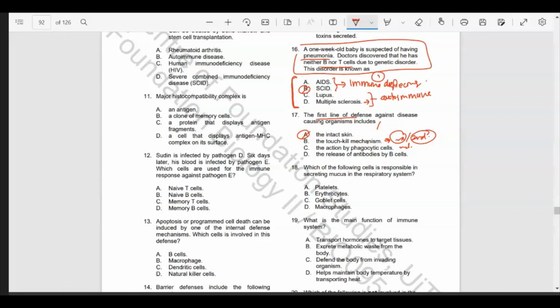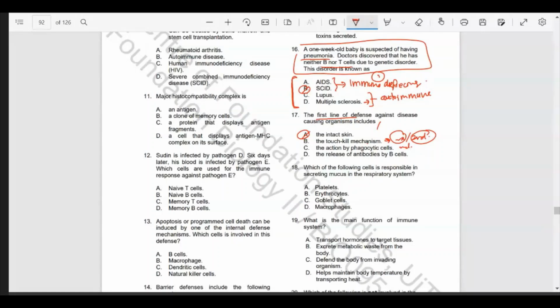These two cells, NK cell or cytotoxic T cell, will find an infected body cell, attach to that infected body cell, and then release two types of chemical. First is perforin, to form holes or pores on the plasma membrane of the infected body cell.